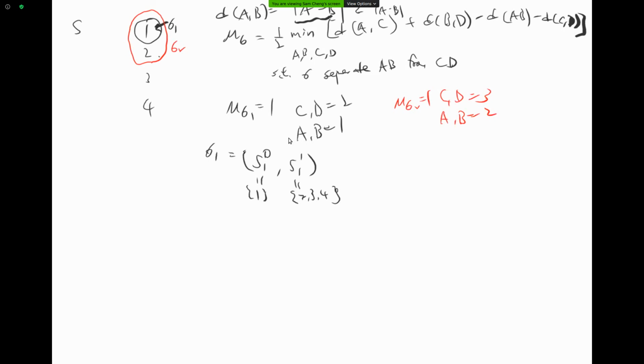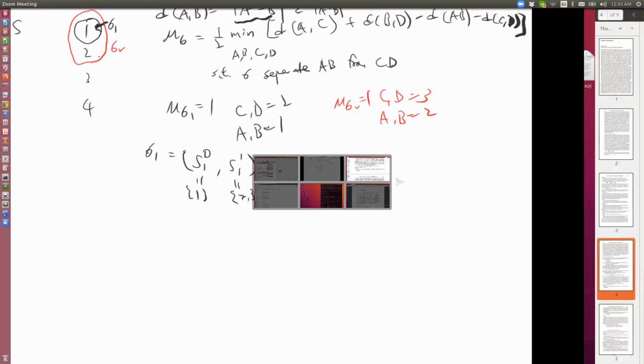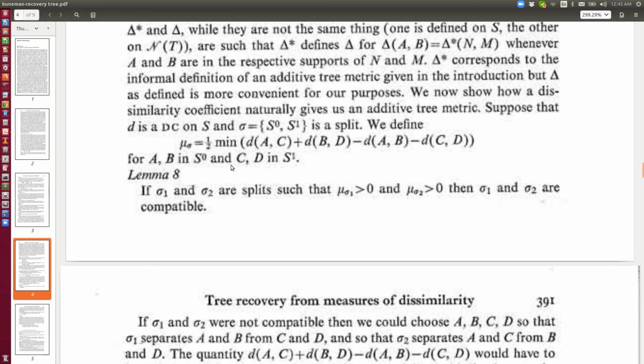And if you remember, earlier we mentioned Lemma 8, I believe, right? Lemma 8 says that if I have two splits, whenever the mu of both sigmas are positive, then the two sigmas will be compatible.